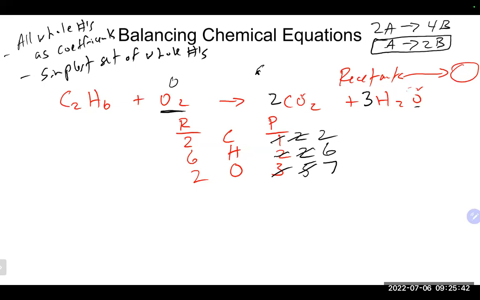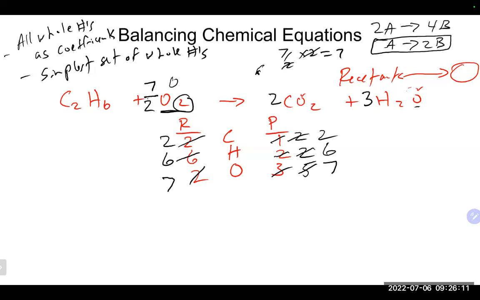And the way you could do that sometimes is by using actually a fraction to do that. Up on top is the number we need, which is 7. Down on the bottom is the number that matches this guy. And that is because now if I look at it, I have 2 carbons, I have 6 hydrogens, and 7/2 times 2 is 7 oxygens in this particular case.